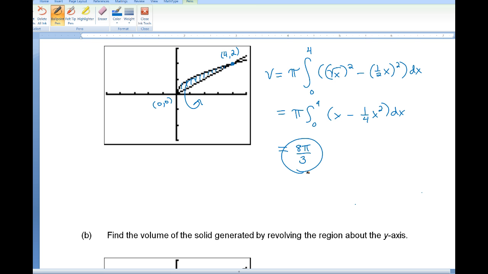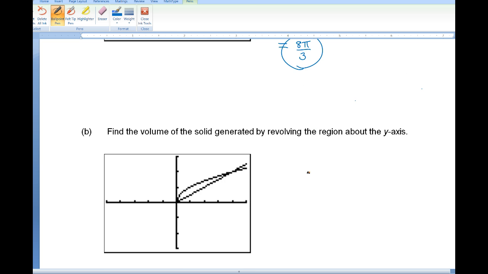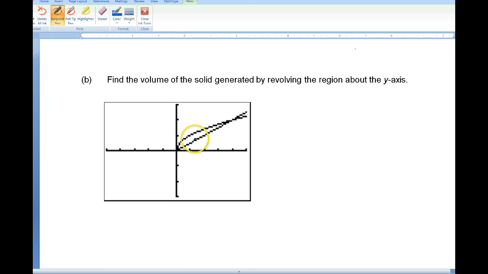So in the next part, for part B, let's take that same shaded region, but this time we're going to revolve around the y-axis. So our shape is actually going to change. It's not going to necessarily be the same volume. Imagine if we take this and we rotate it around the y-axis.